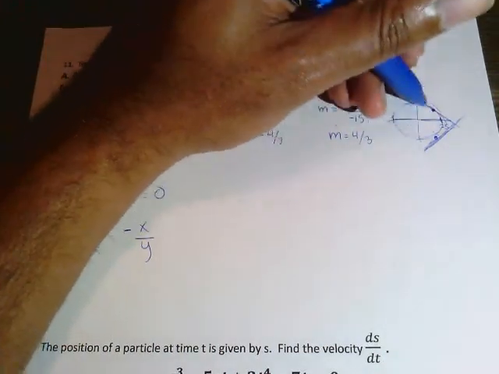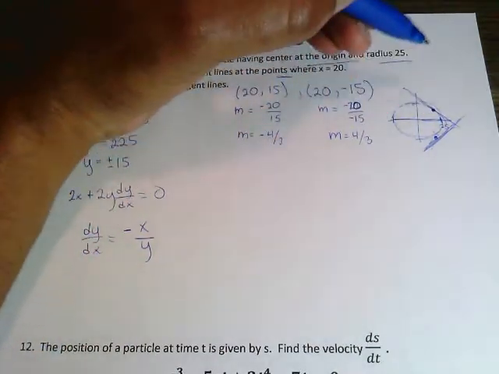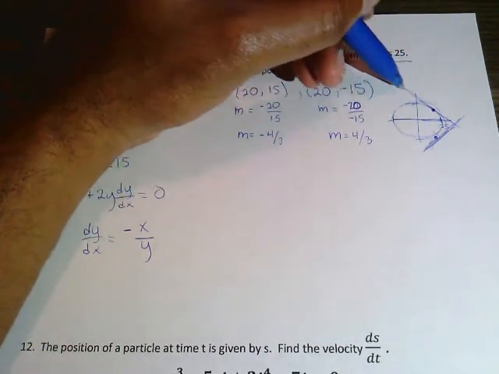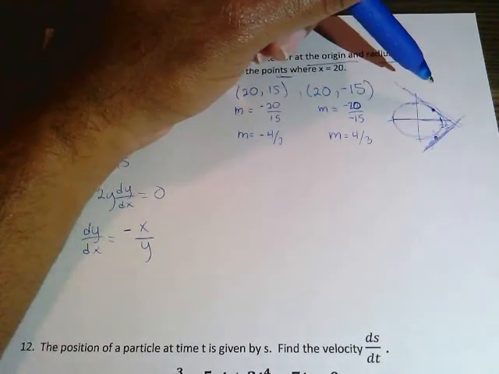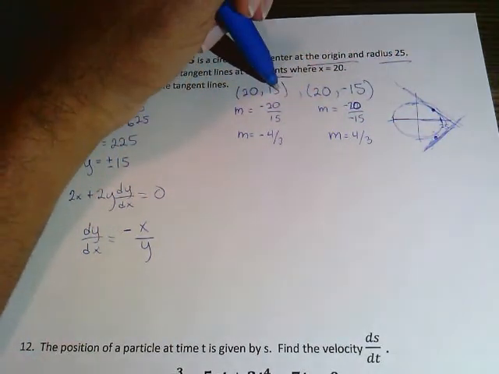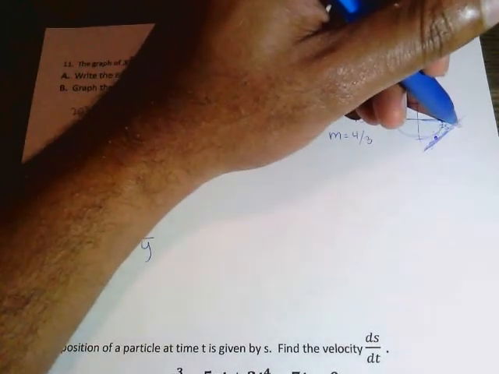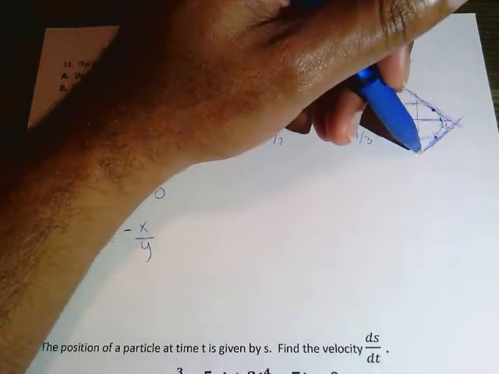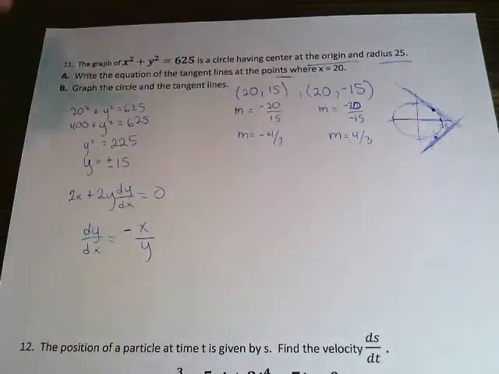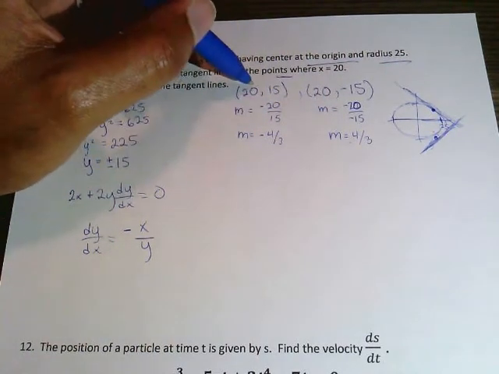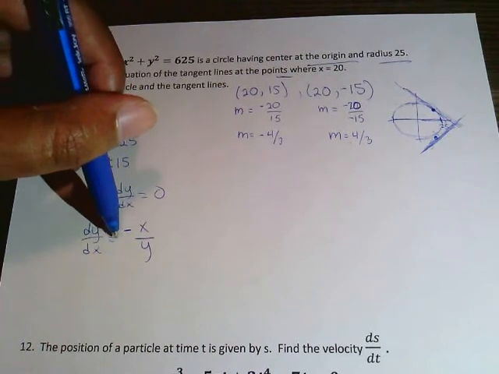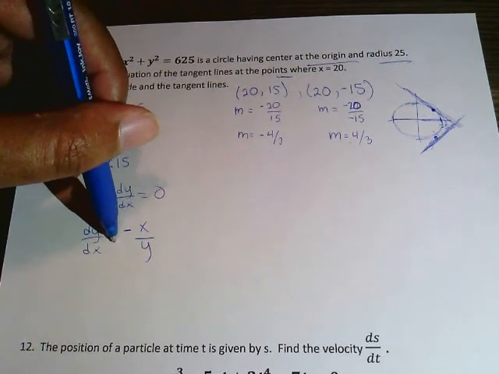And that is the slope of these two lines. When x is 20 and y is 15, the slope is negative 4 over 3, that's this line. And when x is 20 and y is negative 15, that is our positive slope. And again, to get these two slopes, we plugged in x and y into our slope equation down here.